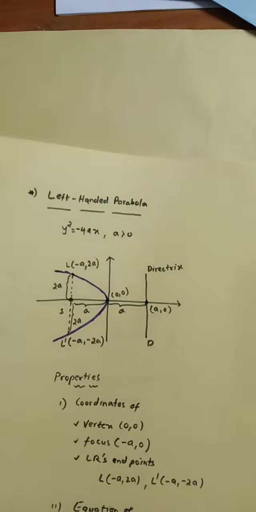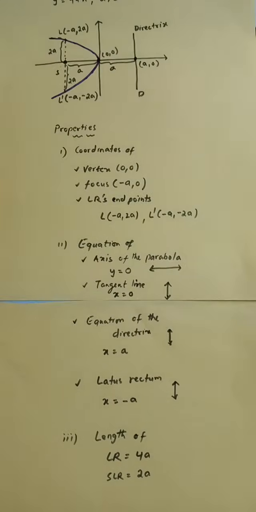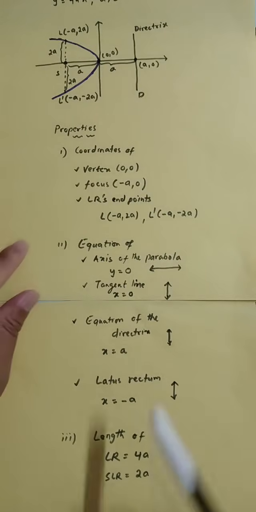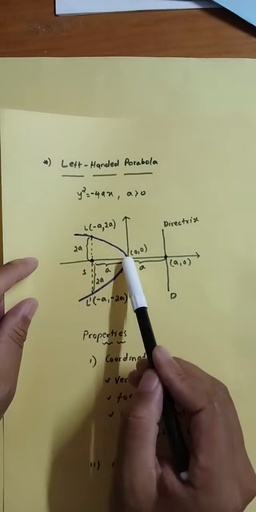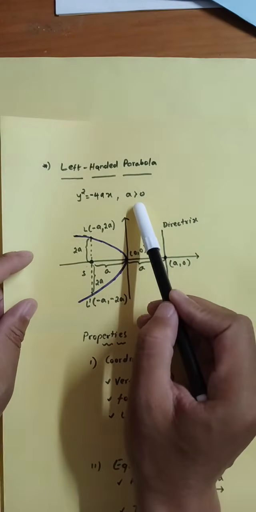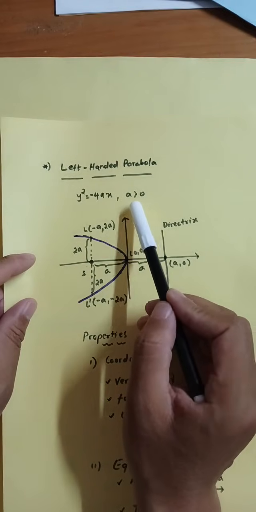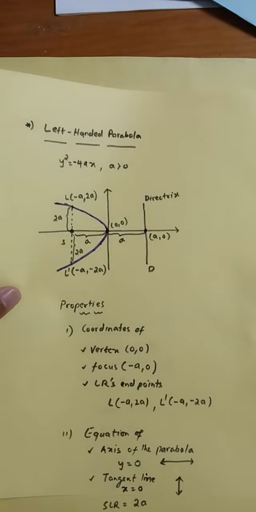And remember, your a is a distance, so a must be greater than 0. It cannot be negative. It has to be positive. a is greater than 0.